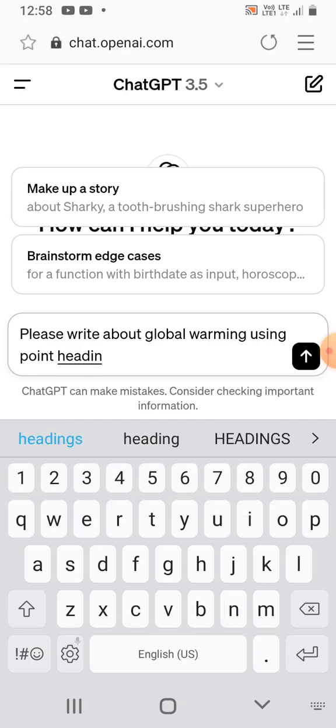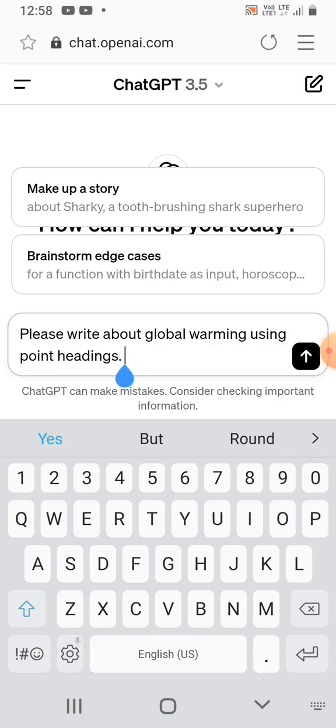CBSE also knows this very well. Using point headings means this technique. You see how the answer comes.